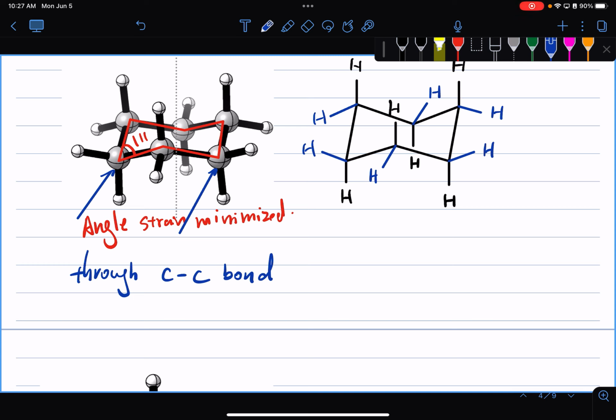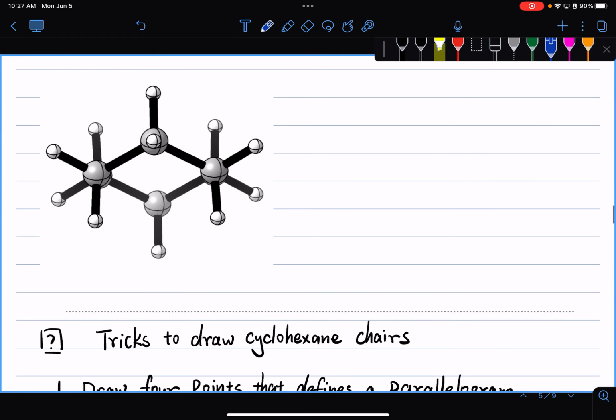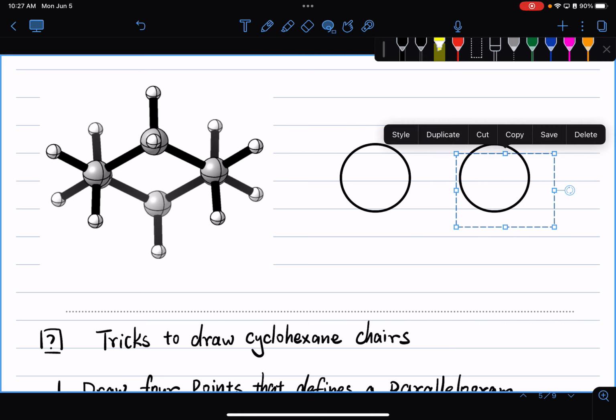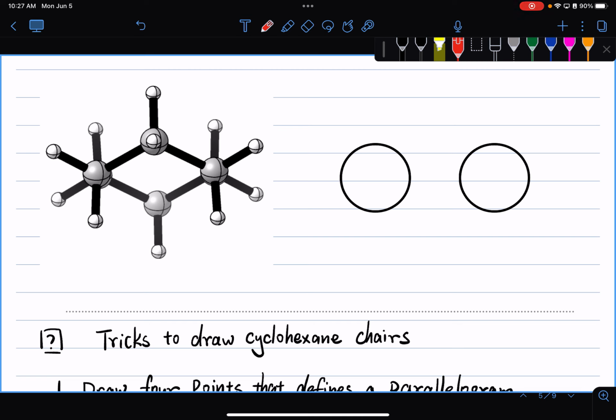We learned that before. You draw two circles, one representing the carbon here, and one representing the carbon on the right. All right, with me so far? So that's the two circles I just drew. And in the front, these are the two red dots.